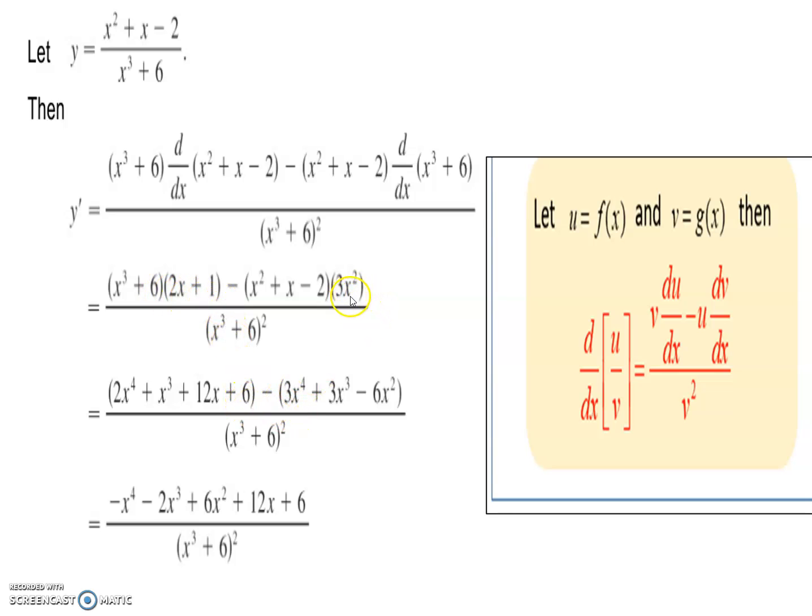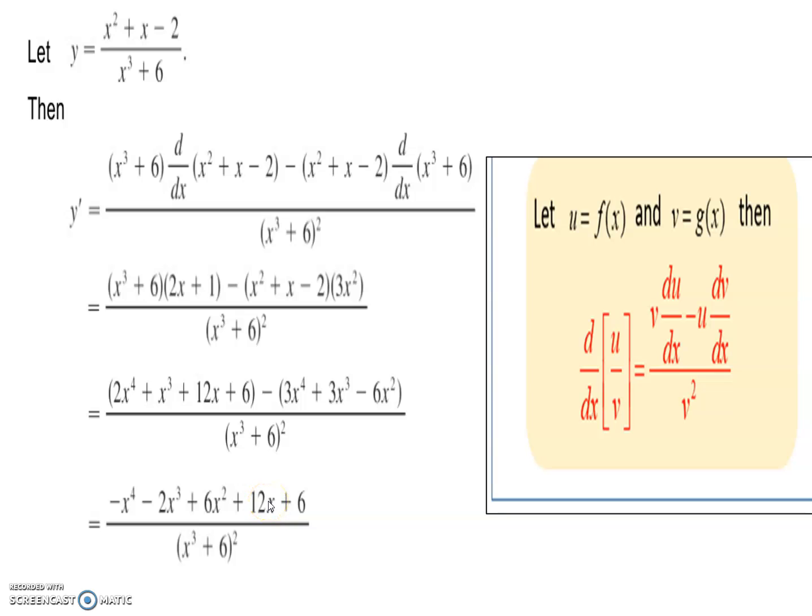Minus 3x square: x square into x square, x raised to 4. 3x square into x, that is 3x cube. 3 twos are 6, minus 6x square. The denominator x cube plus 6 bracket square is there.